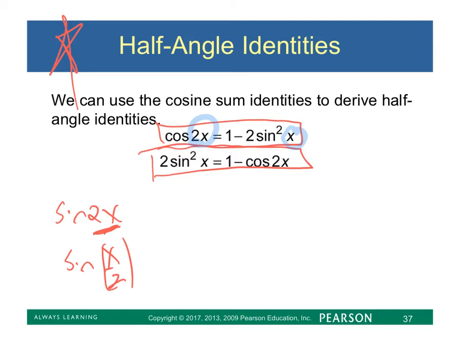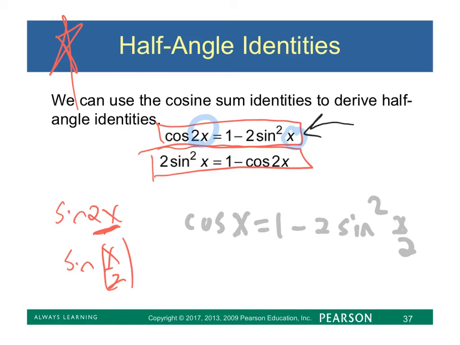So if I wrote this out differently, I could write it as cosine of x equals 1 minus 2 sine squared of x over 2. So really what I'm doing is using the double angle identity and realizing a double angle means the other part has to be half.